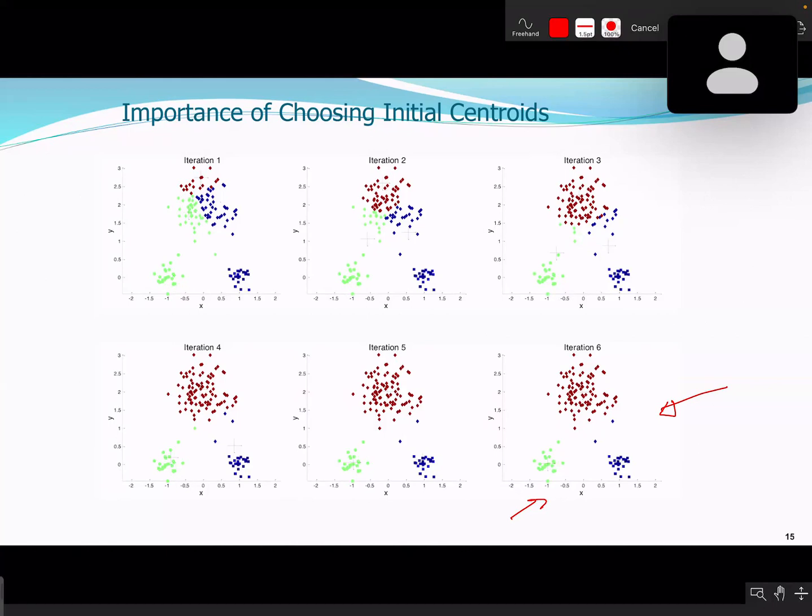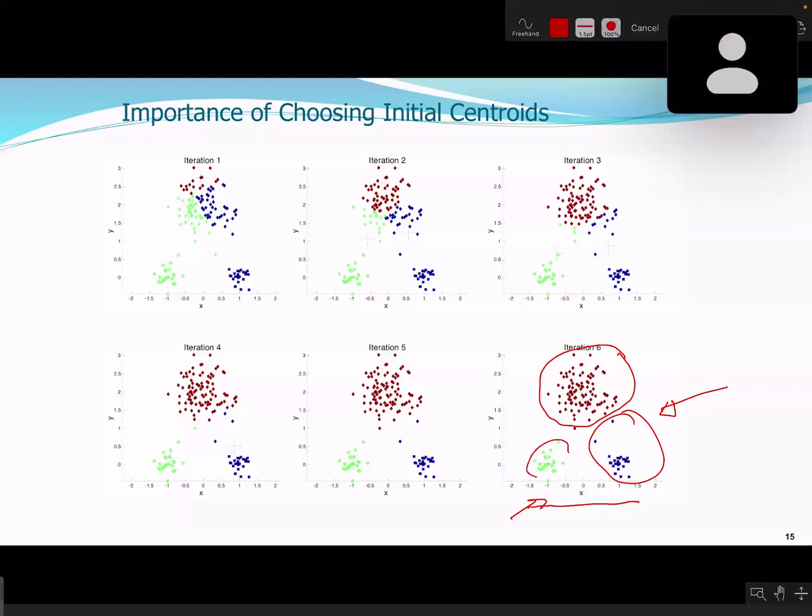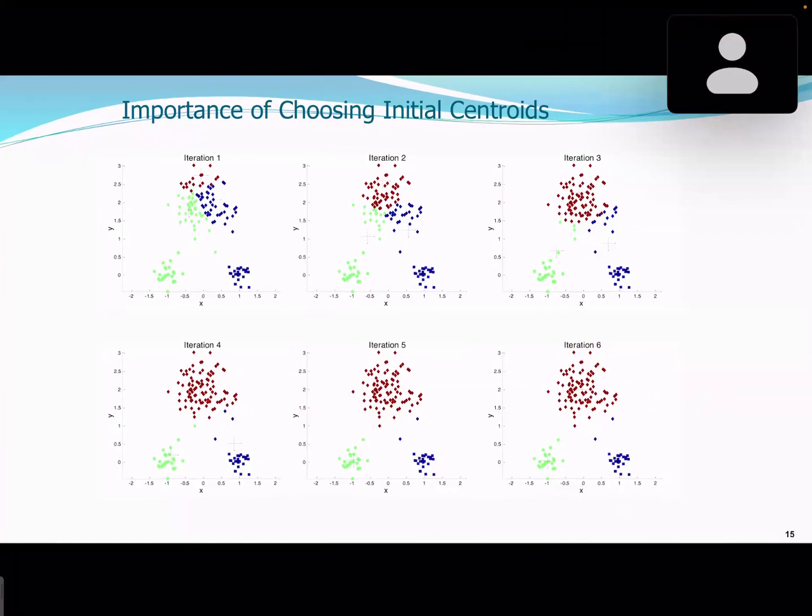That is to say, there are no objects switching from one cluster to another, and therefore we have a converged result. At this point, the k-means algorithm will stop. All right, and this is the result of the clustering. So we have 1, 2, and 3 clusters as the result. So it looks good.